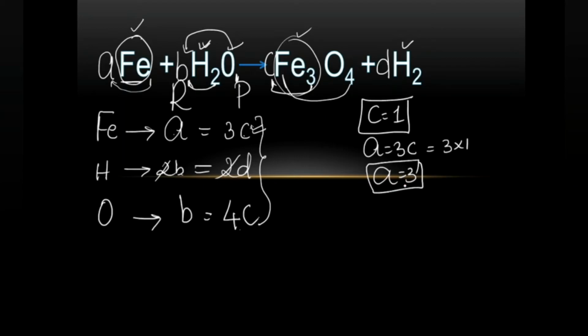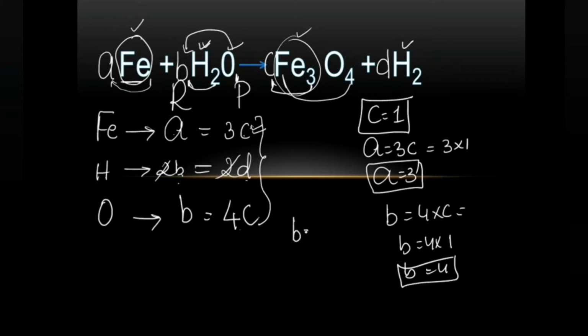So we got our 2 values. How about B and D? B and D are not connected. We don't know the value of either B or D. So B will be equal to 4 into C, that is B equal to 4 into 1. So we got B equal to 4. Okay, we got B. How about D? B is equal to D. So D also is equal to 4.